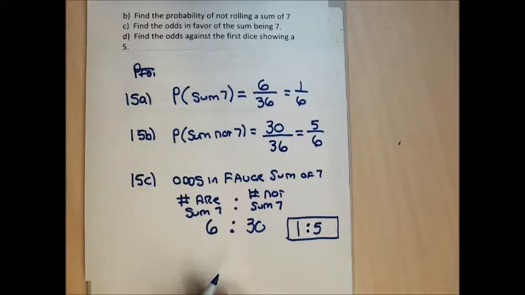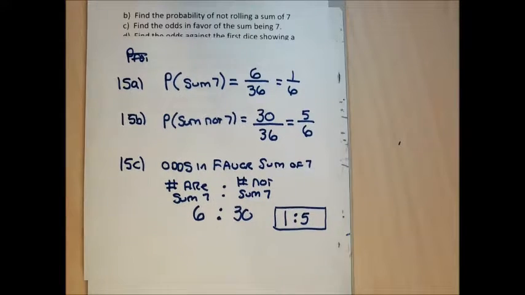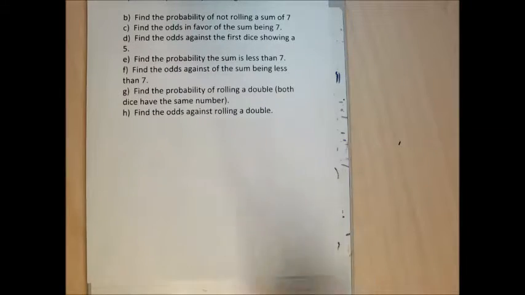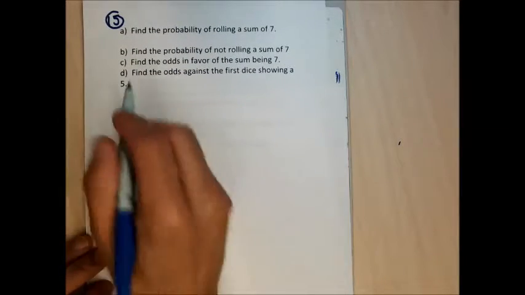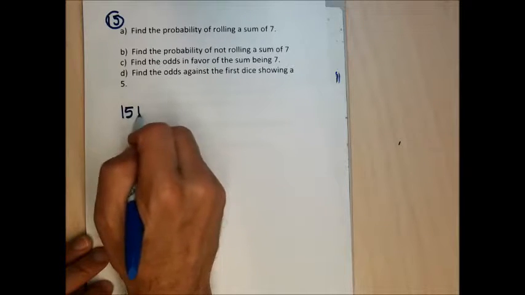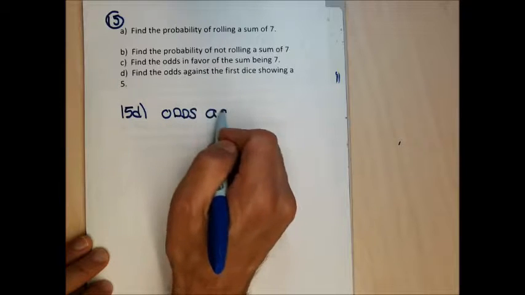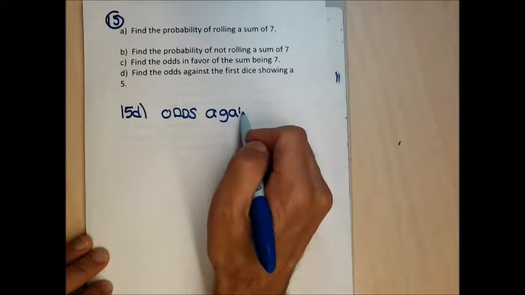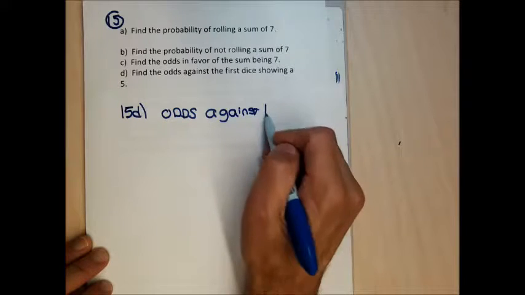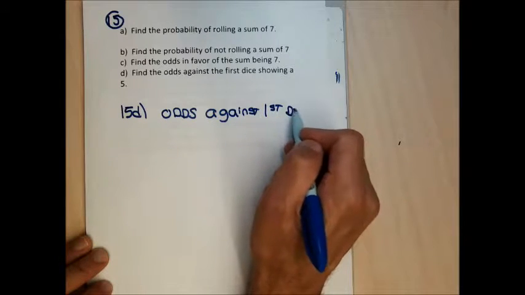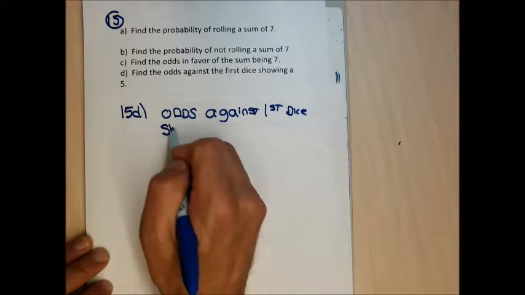That's completely different. Find the odds against the first dice showing a 5. I better pull out a new sheet of paper to do that. So part D for 15. I want the odds against the first dice showing a 5.